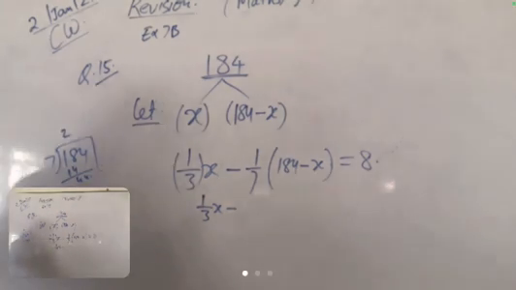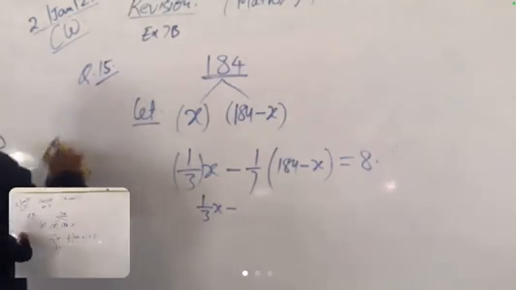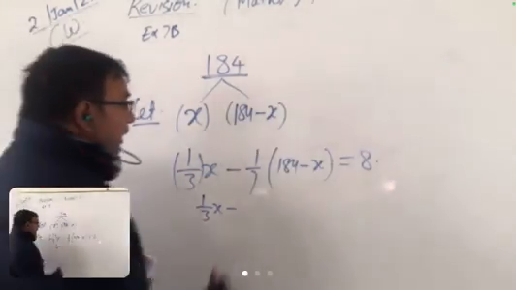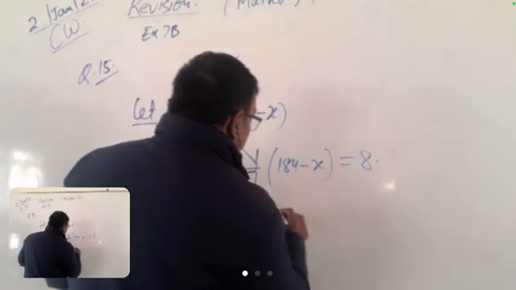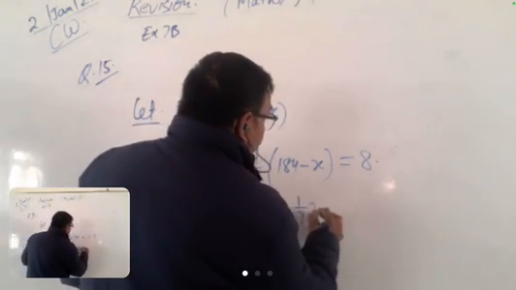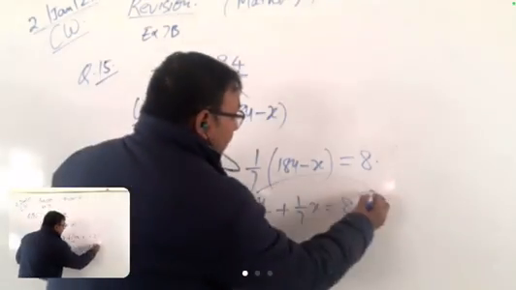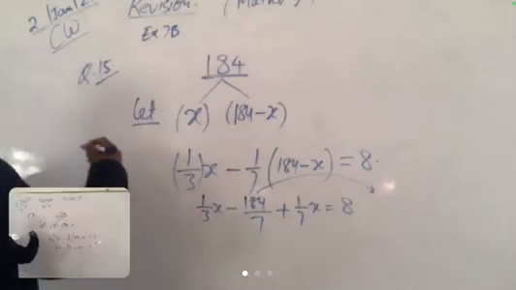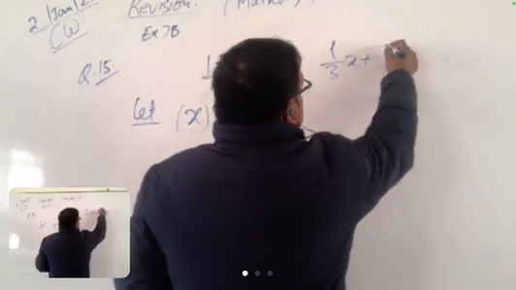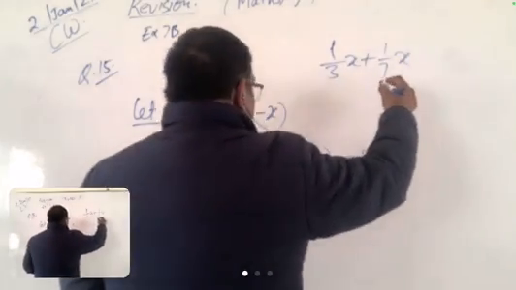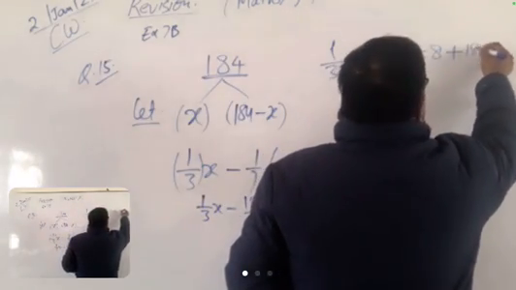Okay, it is not divisible, no problem. So we write this: minus 184/7 and now plus 1/7x is equal to 8. Now we transfer this to this side and the equation is 1/3x plus 1/7x is equal to 8 plus 184/7.